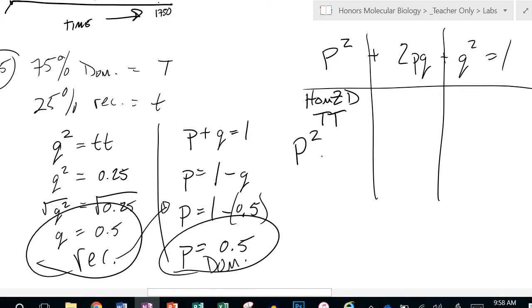All we're going to do here is plug in what our factor was, 0.5.